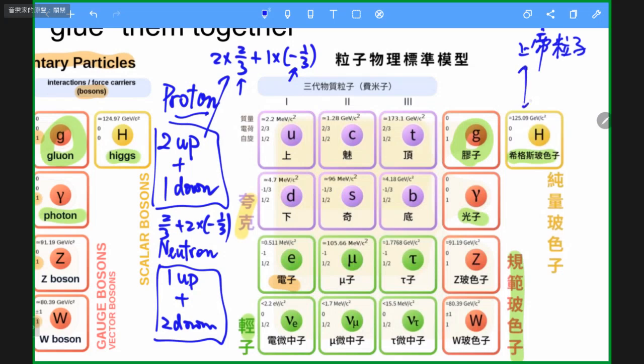The Higgs boson is very strange. You should imagine that something has its own mass. But actually the Higgs boson tries to allocate the mass to different particles.